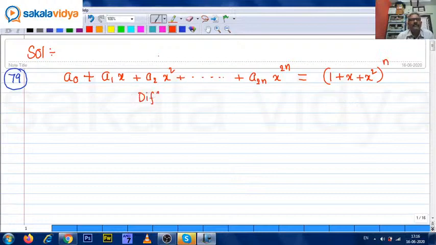Differentiate both sides with respect to x.